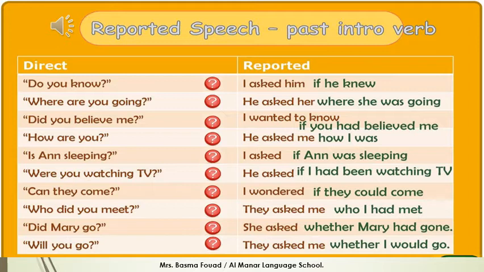How are you? He asked me how I was. Is Anne sleeping? I asked if Anne was sleeping. This is very clear. You have to take care about the tense, go a step backward, and change the pronouns. That's it. This is about the WH question and the yes or no question.